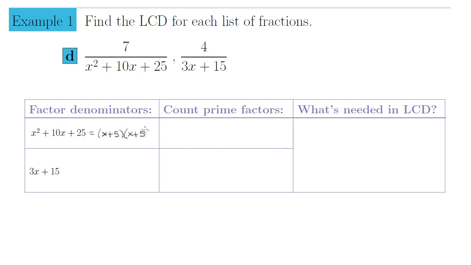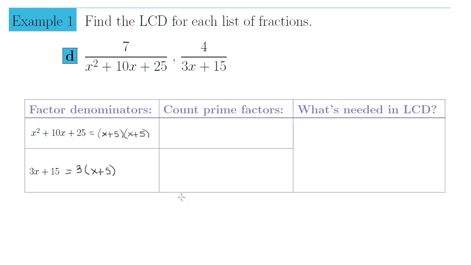Our second denominator is the binomial 3x plus 15. To factor this, we want to take out the greatest common factor, which is 3. 3 factors into both of these terms. When you pull out a 3, you're left with 3 times x plus 5.